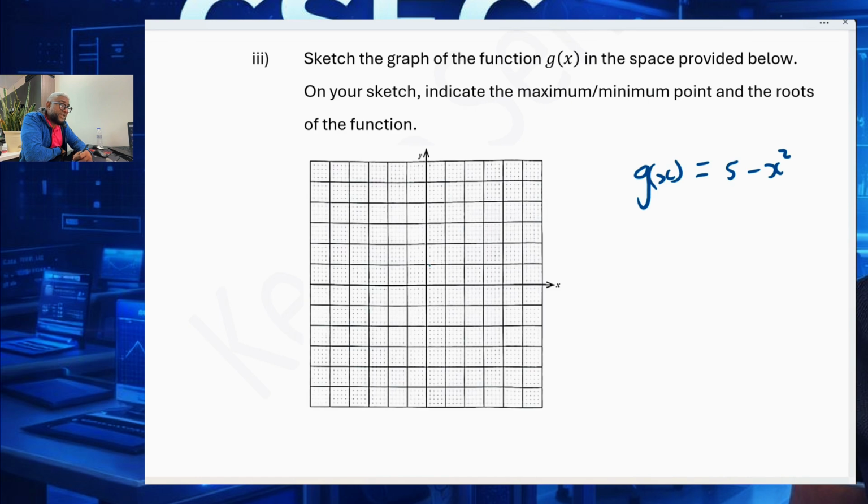Something we know about when our curve is cutting the x-axis is, what is the value of y? It would be 0.